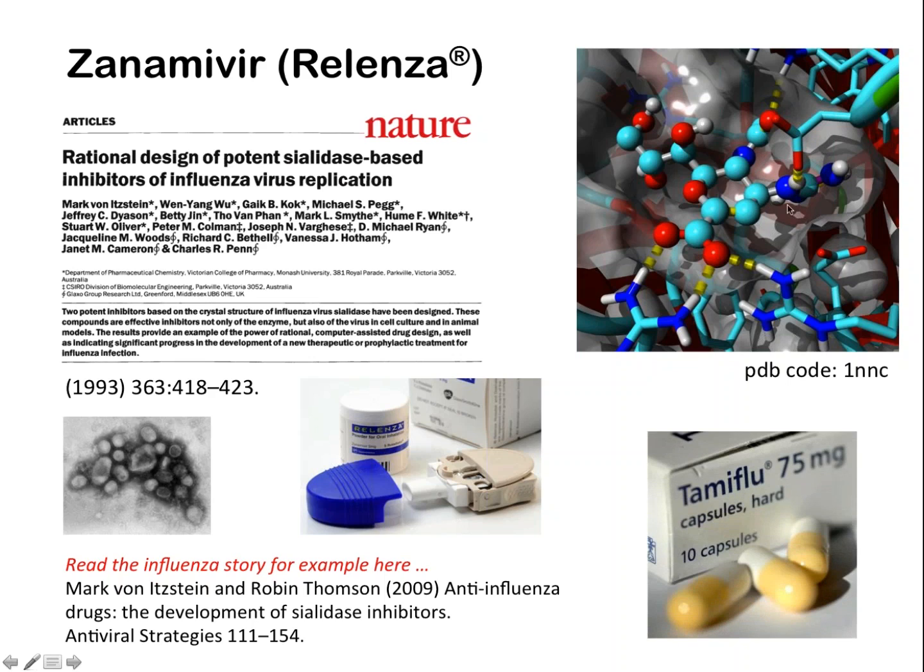They saw a small pocket in this area which was not filled, and by using the GRID program of Goodford, they found that it would be well suited to accommodate a positively charged group. So they put a guanidino group there, which made a significant impact on the affinity of that compound towards influenza virus.